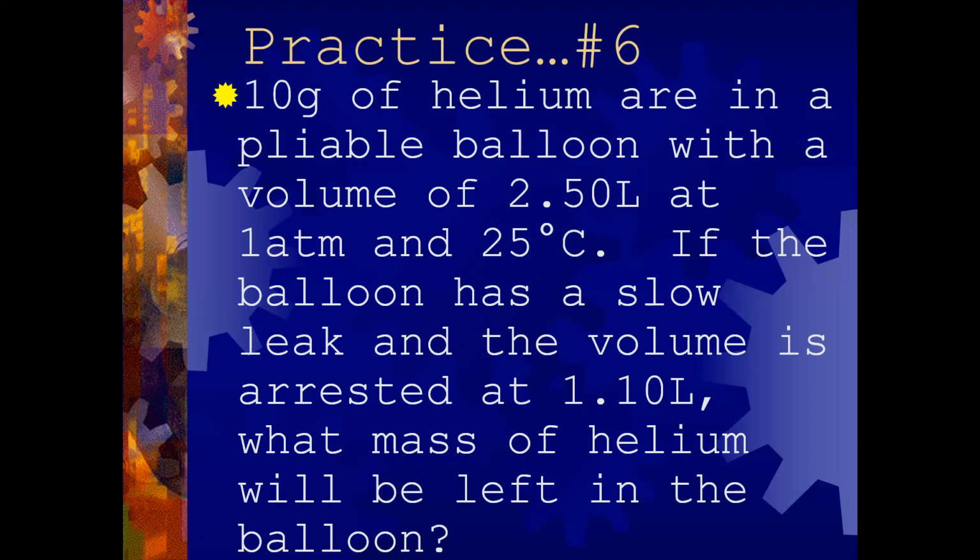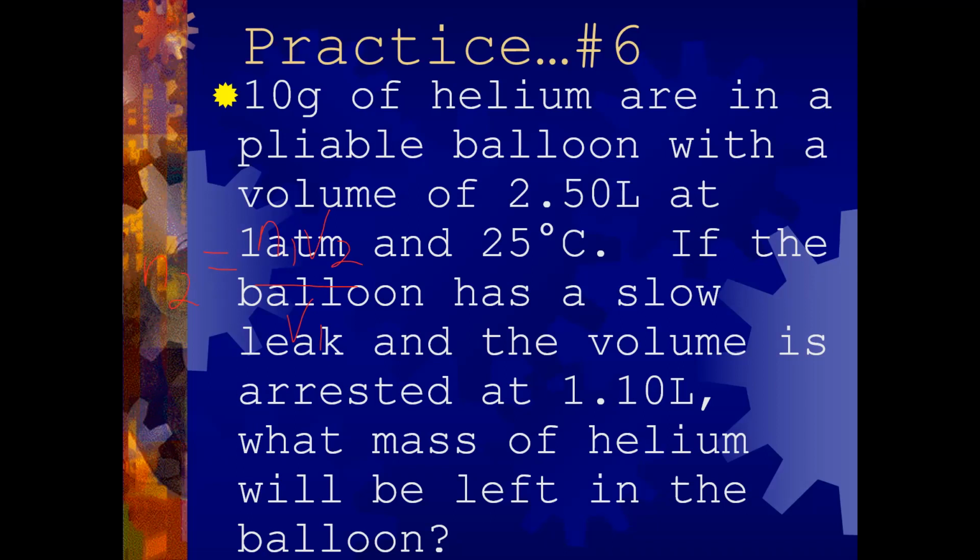Since we need to solve for N2, it's going to be N2 equal to N1 times V2 over V1. Sorry, I had it backwards, but that's what we want.